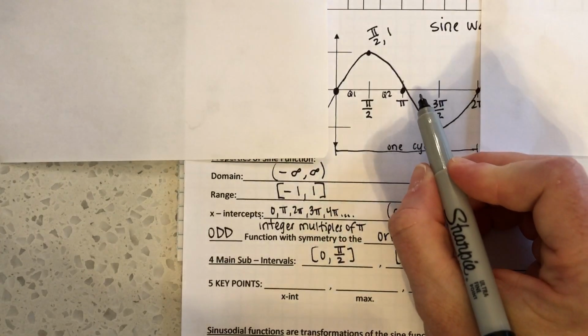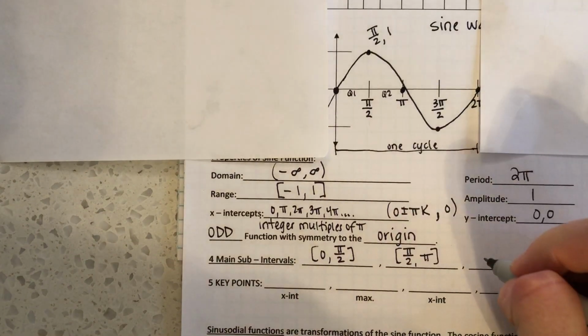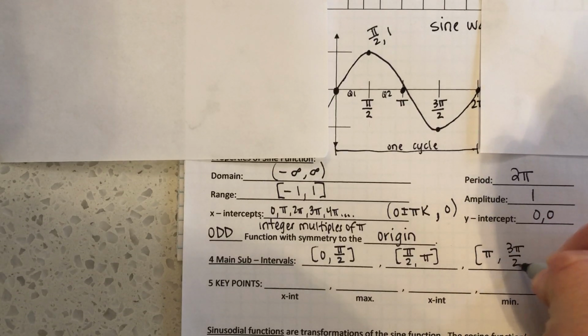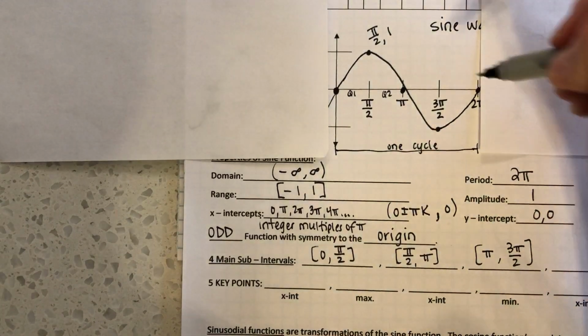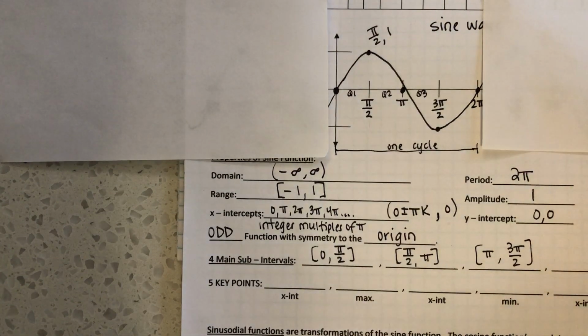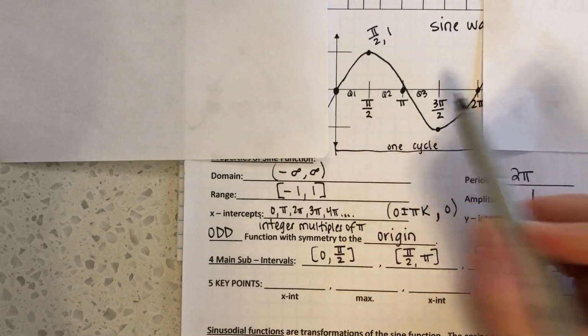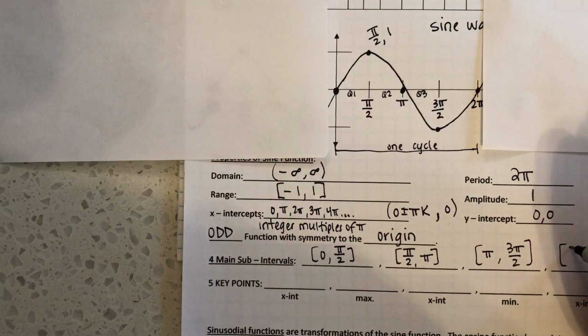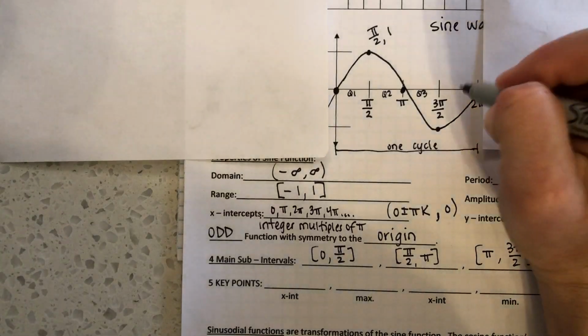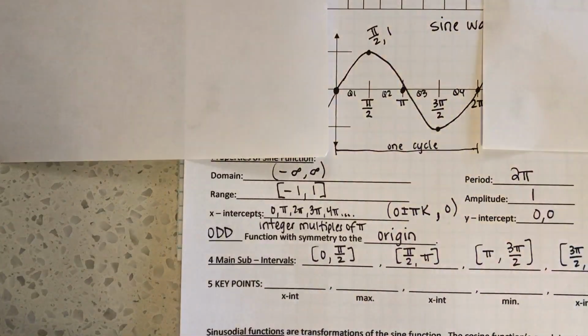Then you have another subinterval between pi and 3 pi over 2. All right, those would be your quadrant 3 angles in between pi and 3 pi over 2. And then your fourth subinterval is from 3 pi over 2 to 2 pi. And those are your quadrant 4 angles, okay?